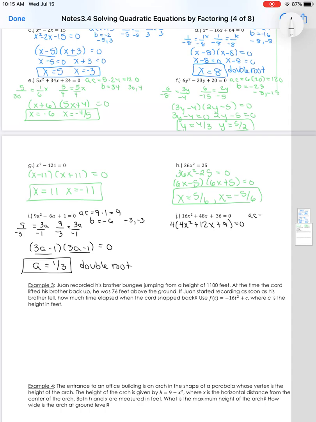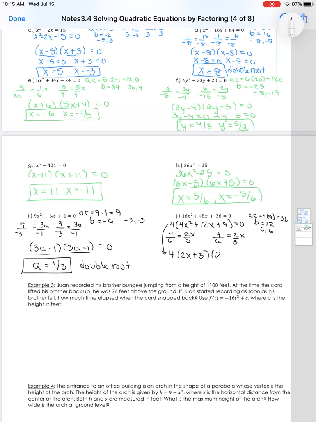So even though it looks like one answer, it's not. It's two answers. Now with J, the first thing you have to do is they have a GCF of 4. So let's take that out first. And then we're looking and saying, all right, I need two numbers that multiply to get 4 times 9, which is 36, and add to get 12. So that would put me at 6 and 6.